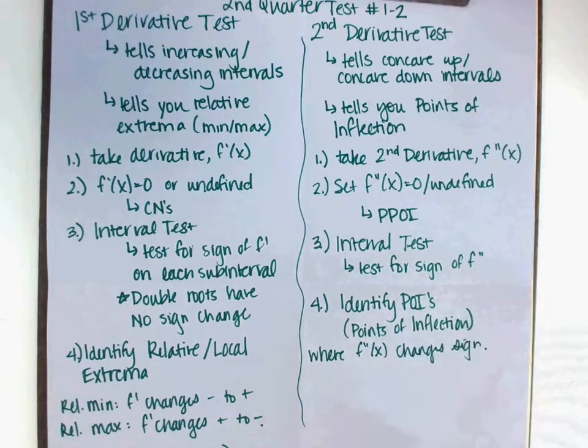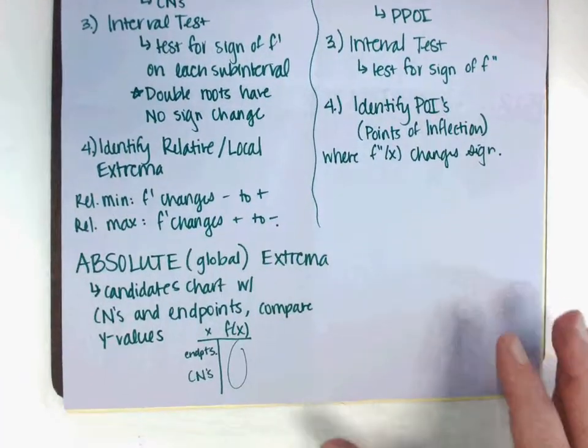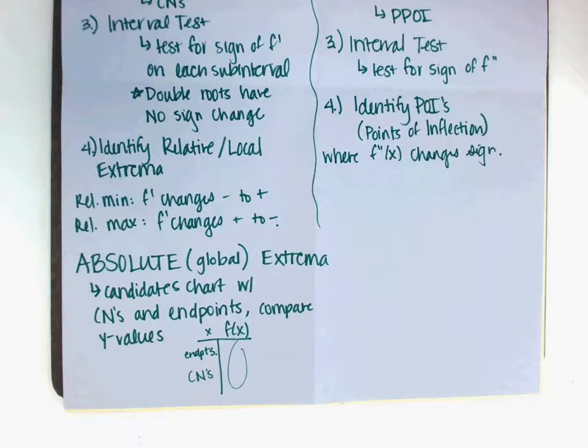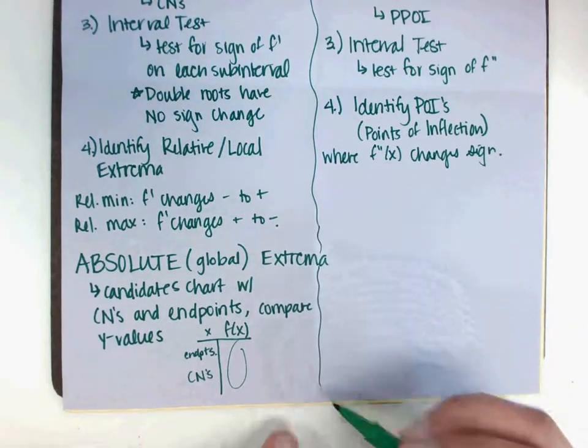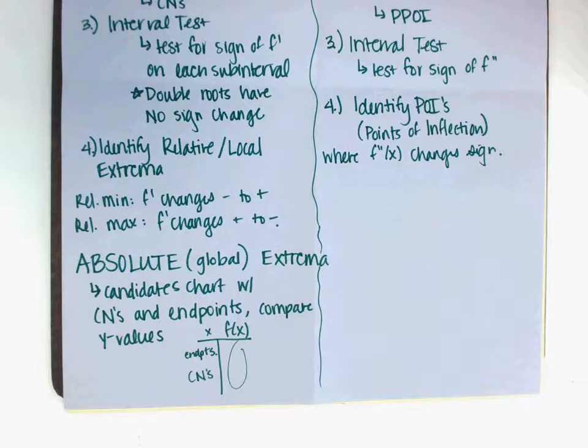Remember that if it's something like a double root, that would not count as a point of inflection because you actually don't have a change in concavity. The only other thing I would ask you to remember is that the second derivative test tells you if f prime is increasing or decreasing. That's also important, but I'm not going to put it on your cheat sheet.